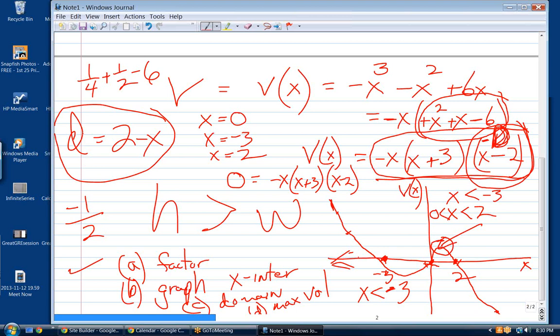Which gives us minus b is minus 1 over positive 2, so that doesn't make sense either.